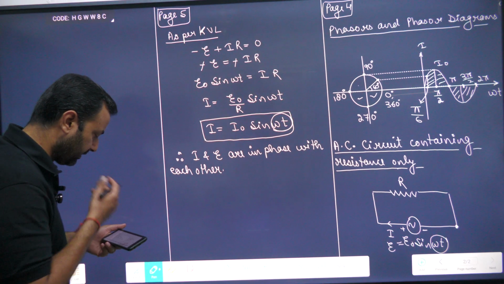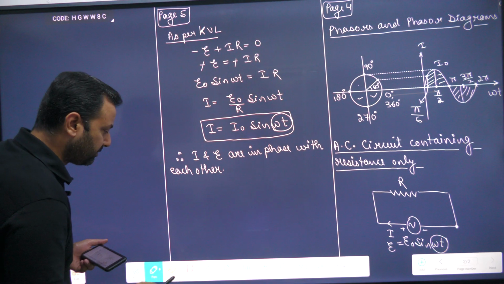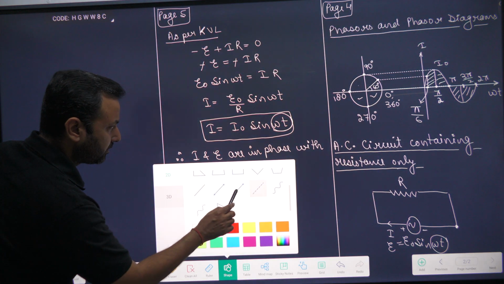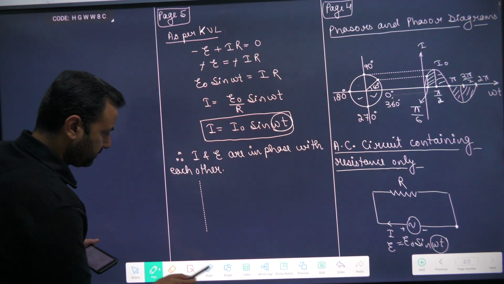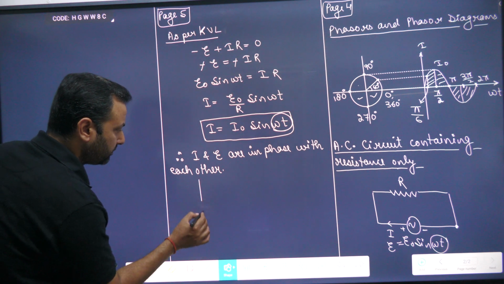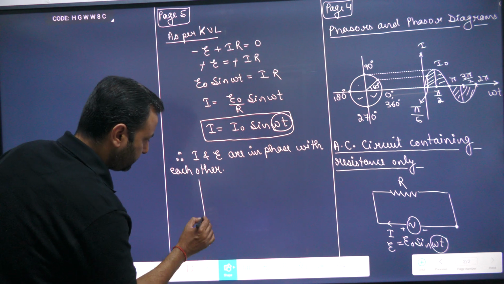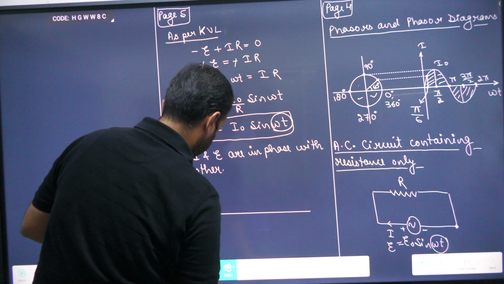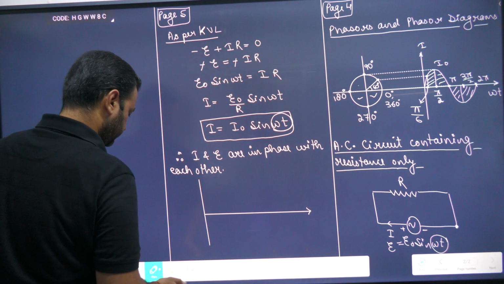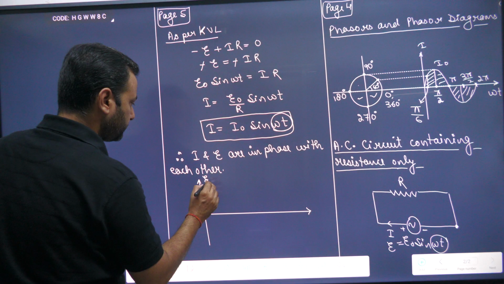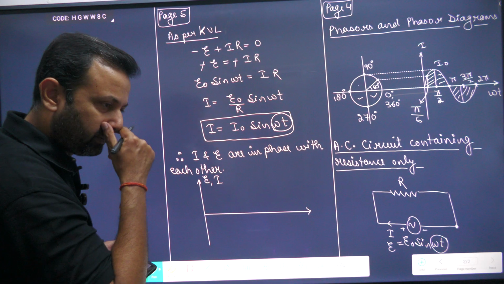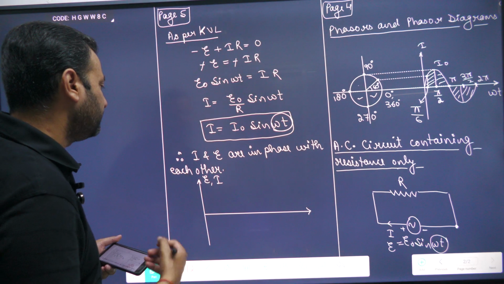So the next thing is the graph of E and I on page number 12. The graph of E and I versus omega t, that is, the graph of E and I with omega t.